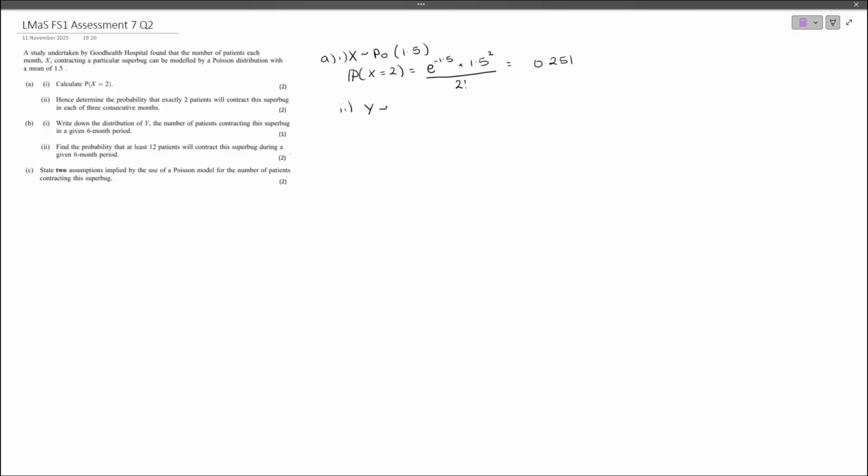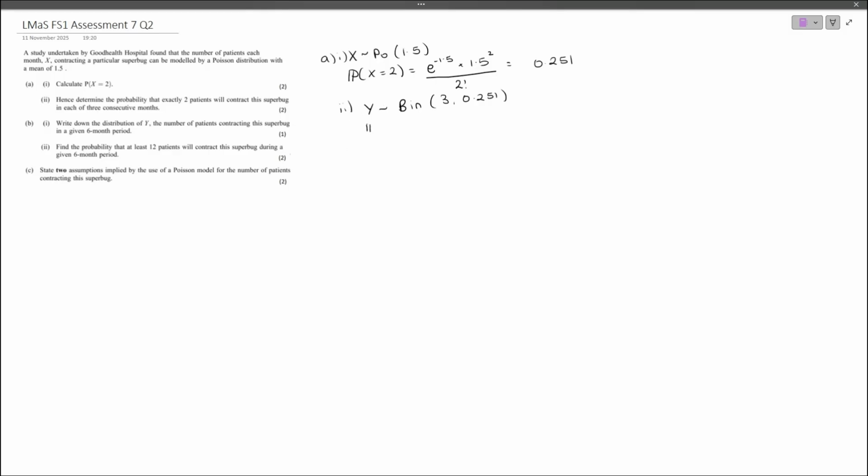So Y is the random variable counting the number of months where exactly 2 patients contract the superbug in a period of 3 months. So this is going to be a binomial distribution with 3 months and 0.251, because the probability of exactly 2 patients contracting the bug in each month is 0.251.